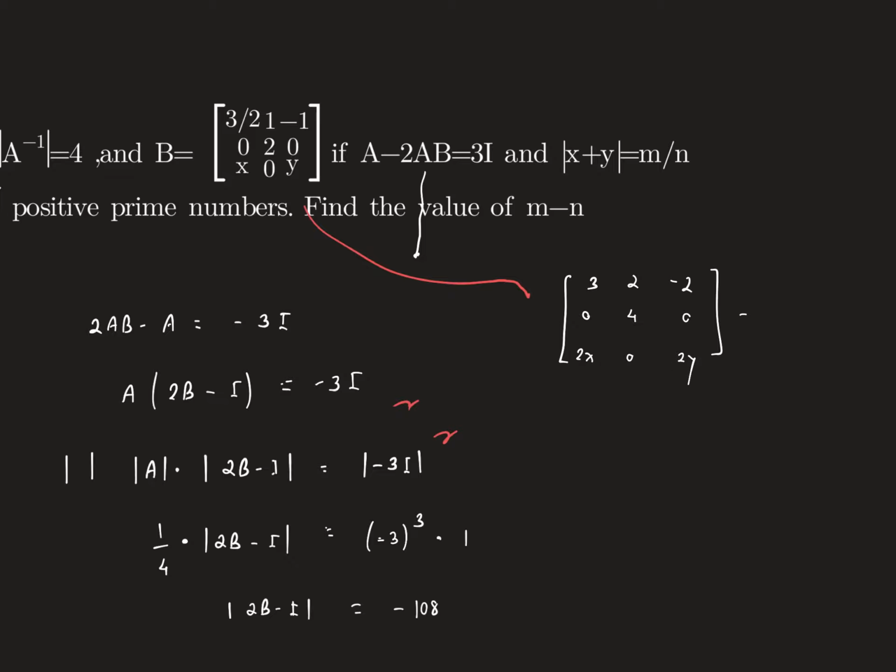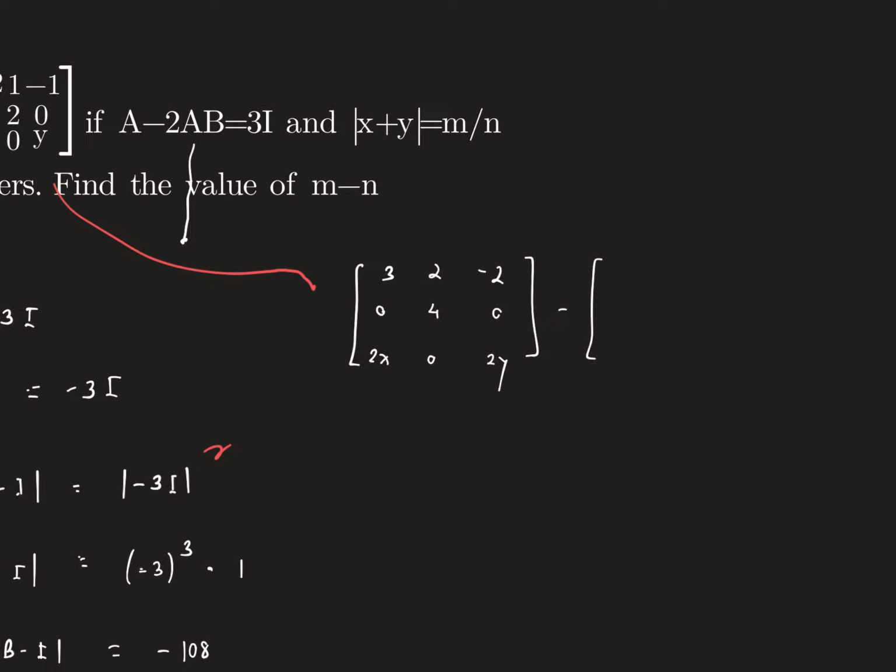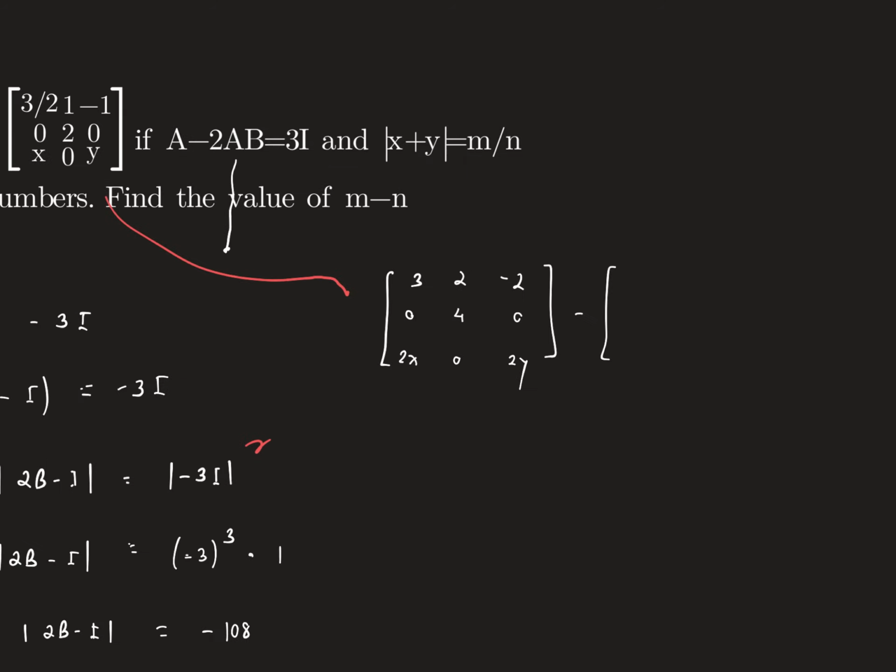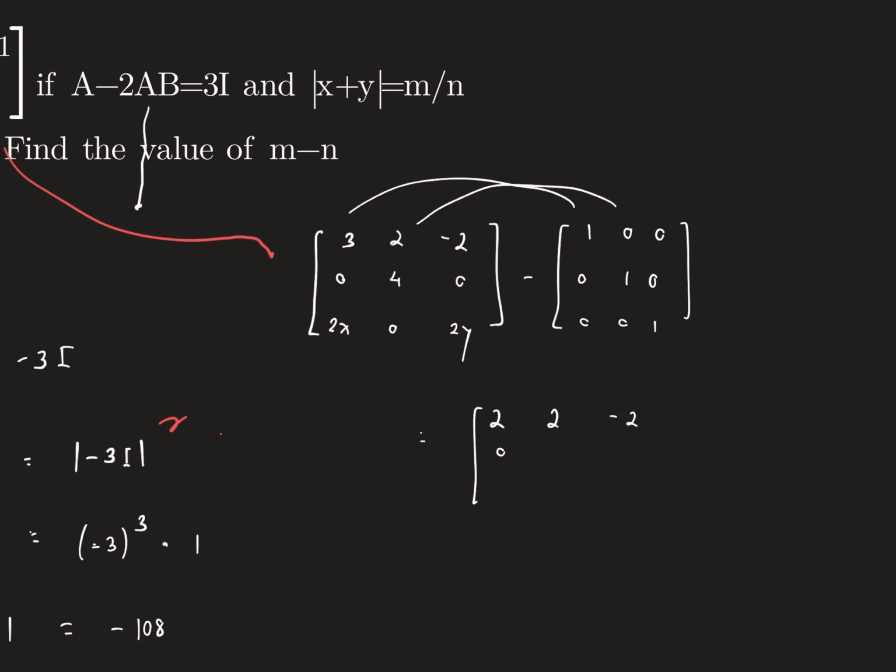And we're going to subtract matrix I from that matrix. So it is 1, 0, 0, 0, 1, 0, 0, 0, 1. So the result is, so here 2, 2, and I'm just going to do the others. 0, 3, 0, 2x, 0, 2y minus 1.